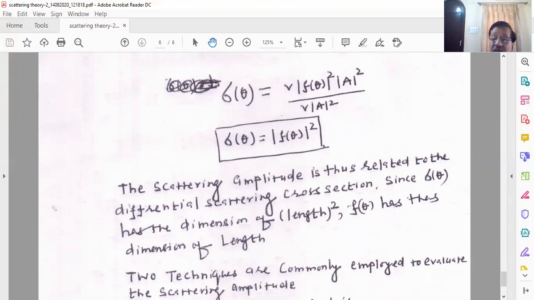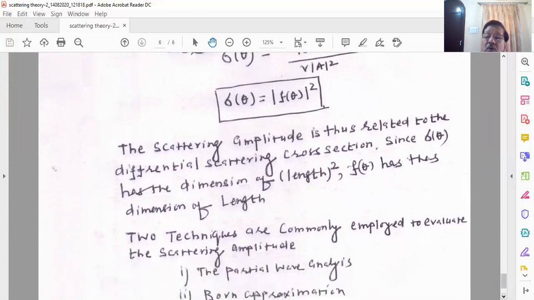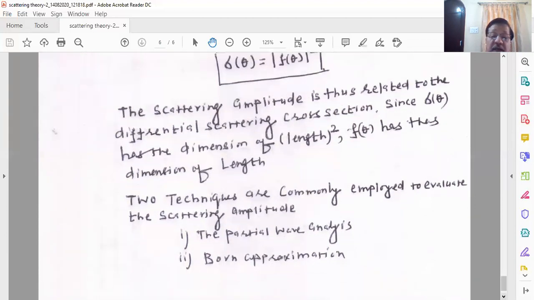To calculate the scattering amplitude, we have two different methods we would like to apply. The method we will apply is known as partial wave analysis, and the other is the Born approximation.